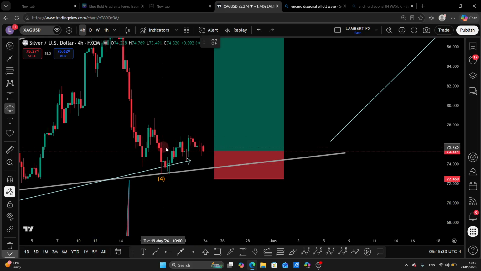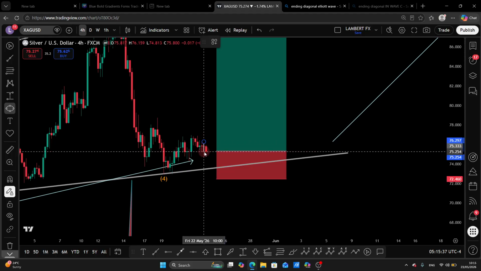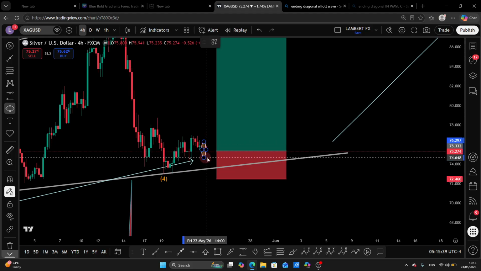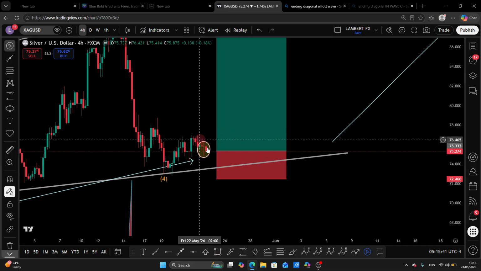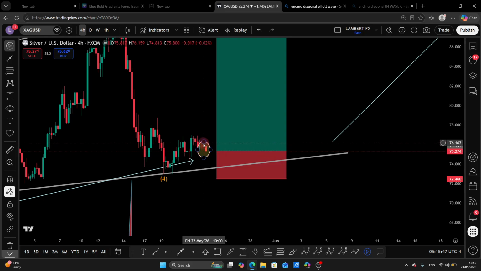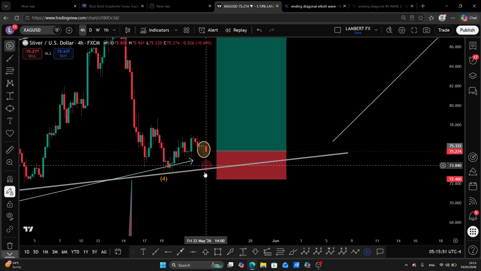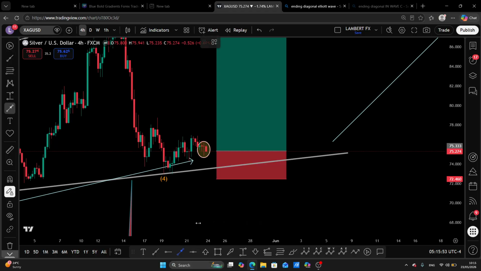You can see this pin bar candle here, the last 4-hour candle, which is this one, closed between the upper and the lower shadows. So this is basically an inside bar candle.